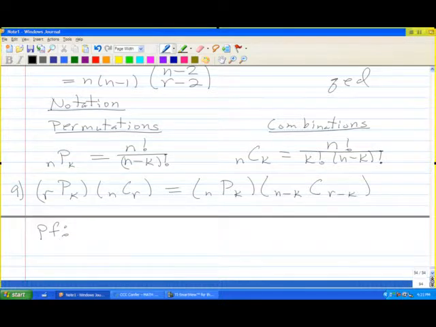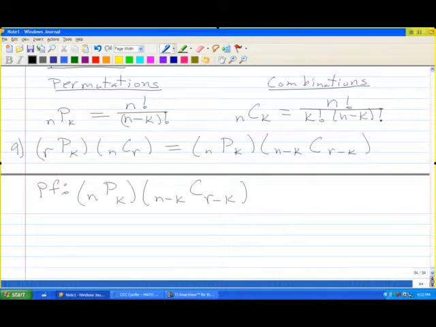And so, actually I've never proved it the other way around, so maybe I'll do it that way. See if it works out any easier. nPk times n minus k C r minus k. Okay, well, let's see what this is equal to. nPk, by definition, is n factorial over n minus k factorial.